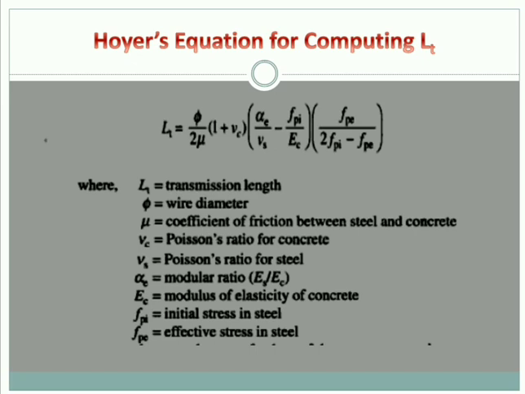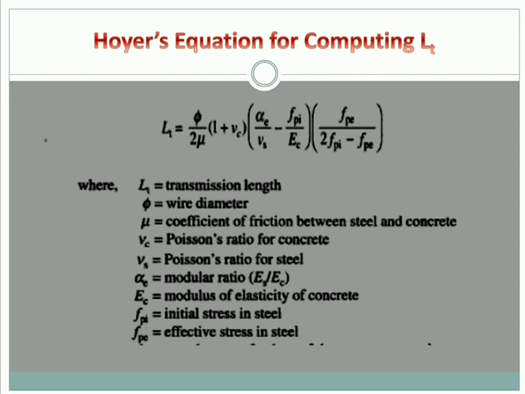LT is the transmission length, phi is the wire diameter, mu is the coefficient of friction between steel and concrete, Vc is Poisson's ratio for concrete, Vs is Poisson's ratio for steel, alpha E is the modular ratio, that is Es by Ec, Ec is modulus of elasticity of concrete, Fpi is initial stress in steel, Fpe is the effective stress in steel.